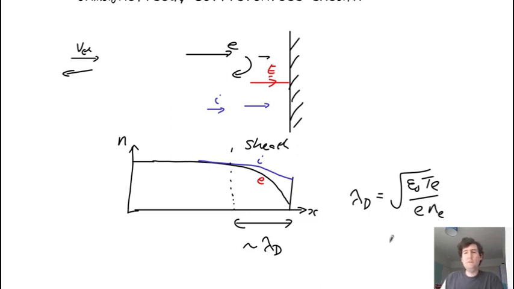In fusion plasmas this is of order micrometers. If you put in a few electron volts and a density of 10 to the 19 or 10 to the 20, you get of order a micrometer or so for lambda D.